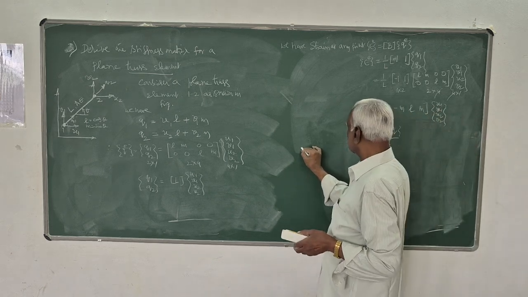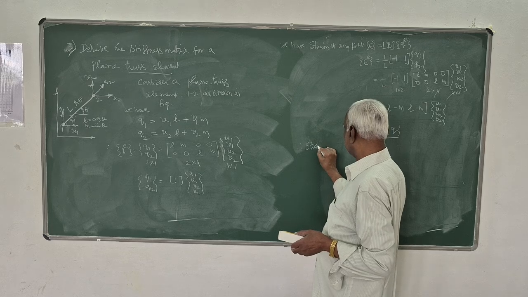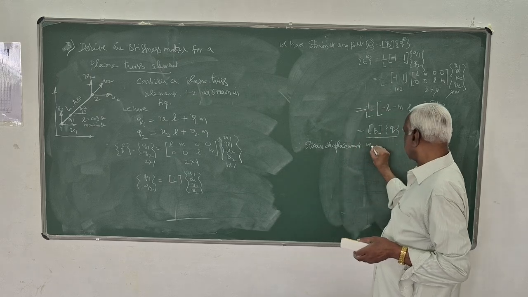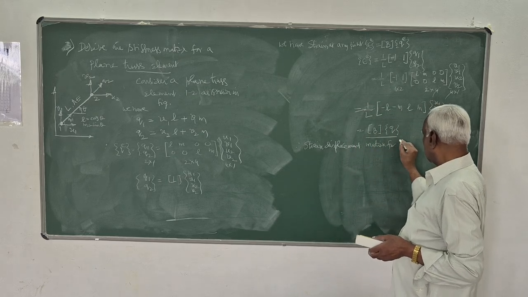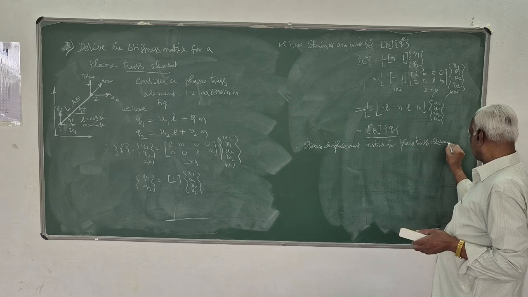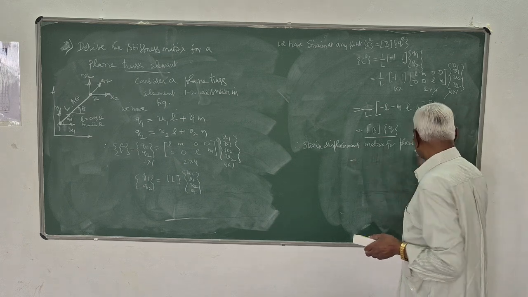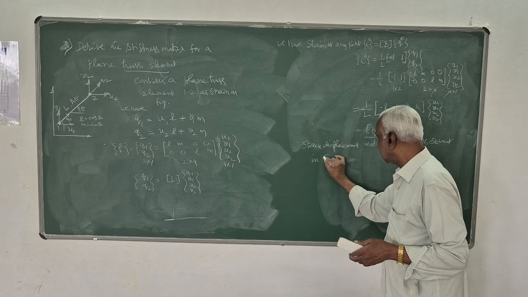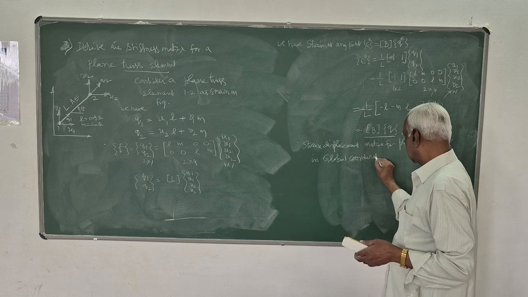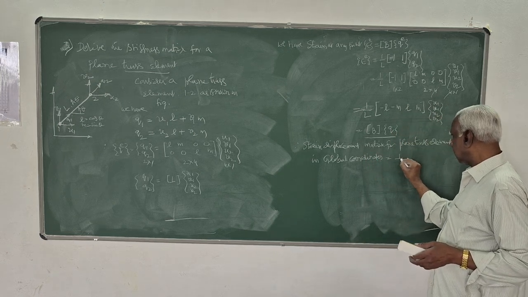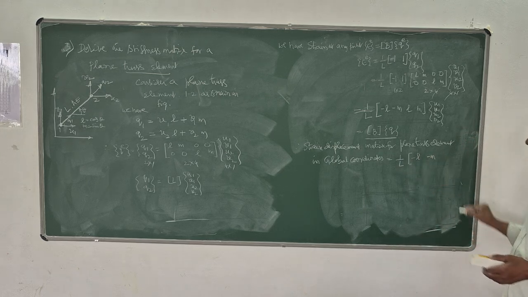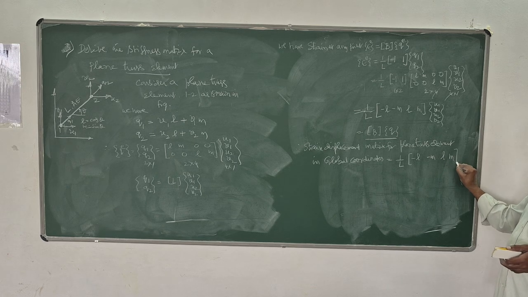So therefore, the strain displacement matrix for a plane truss element in global coordinates is given by 1 by L into minus L, minus m, L, m.